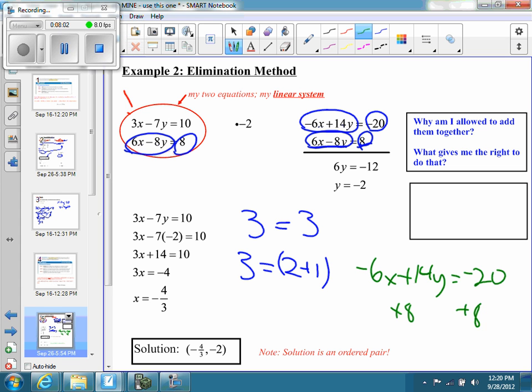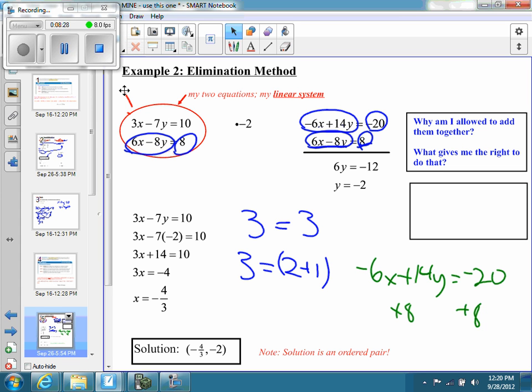I don't know. So are you saying, how am I saying that this is 8? I get that it equals 8 because that's what they told us, but what do you mean? If you're adding 8, how does it equal 8? If you're adding 8 to both sides, how does it equal 8?